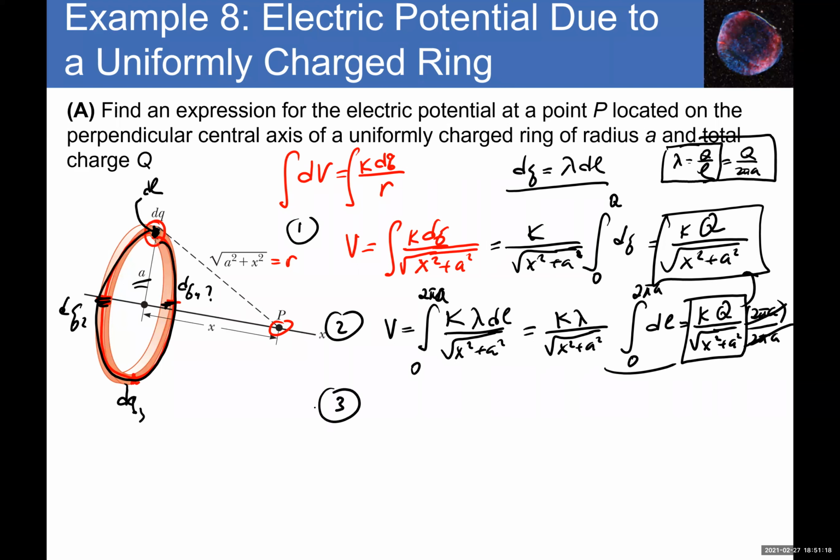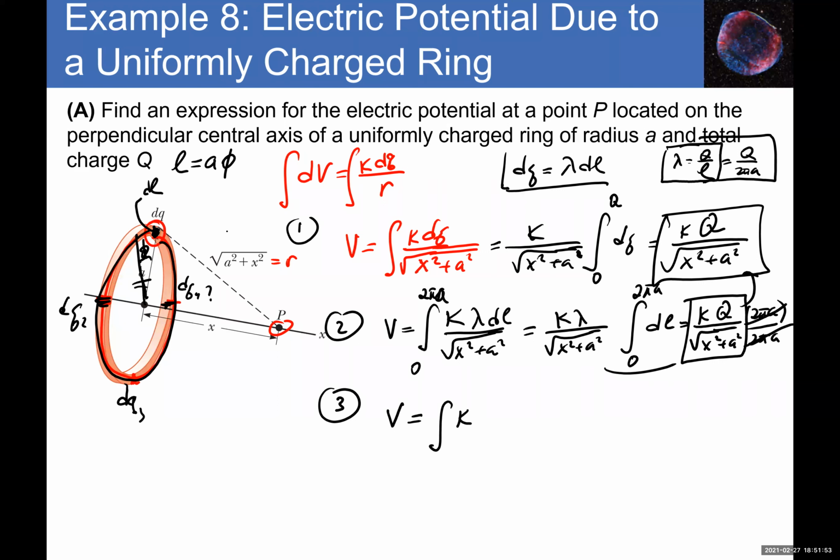Right, so there's also version 3. Technically, we can do it another way. So V is equal to an integral of k, and I'm still replacing dq with lambda dl. But in this case, remember, L here is the arc length, and it's equal to the radius A times the angle theta. Let's call this angle phi.